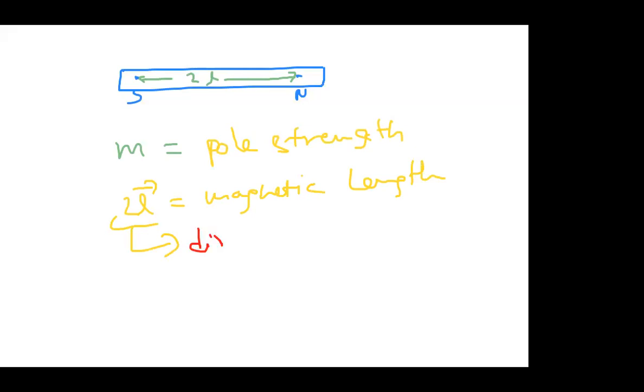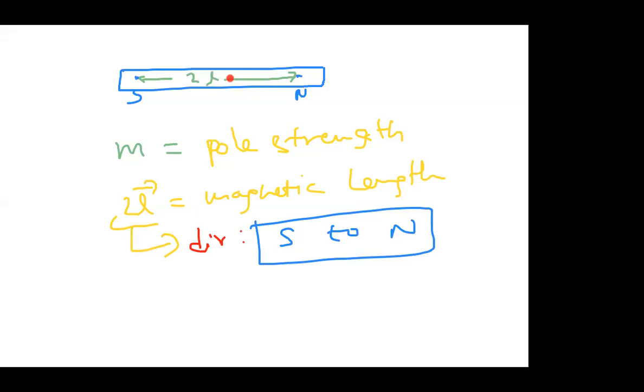Vector means direction is required. What is the direction here? Direction is always south pole to north pole. So magnetic length is measured from south pole to north pole.